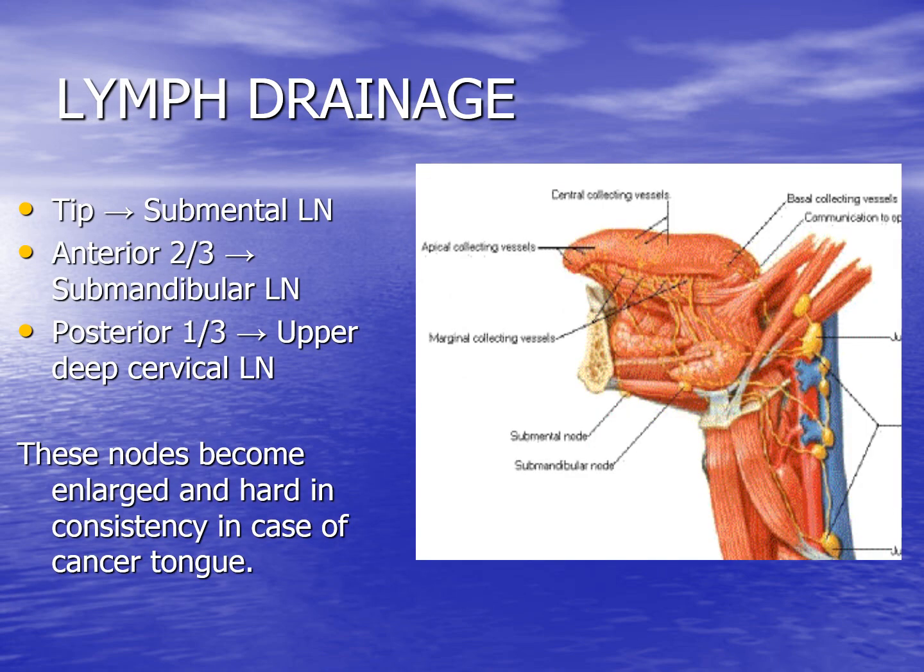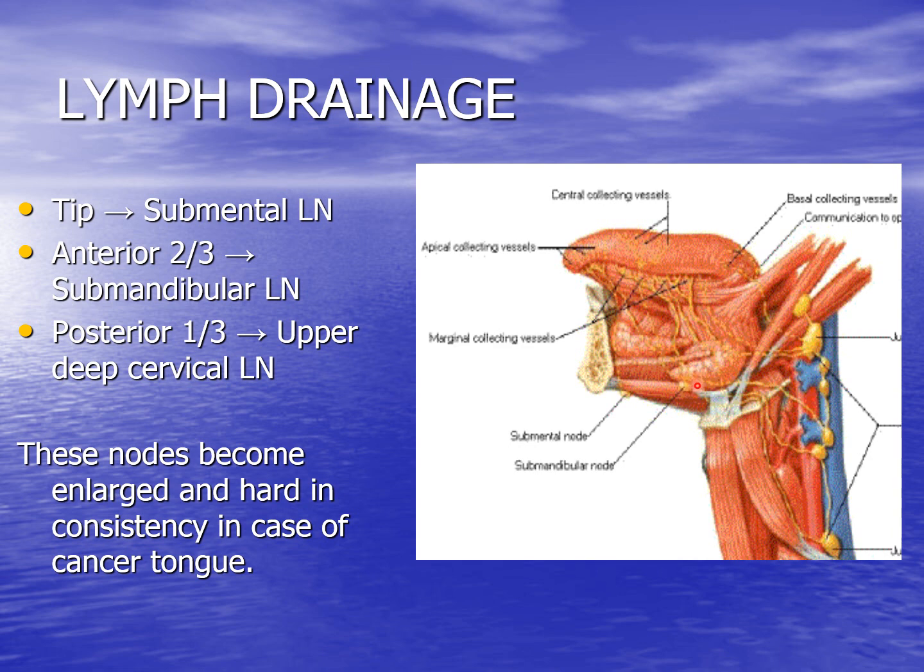What about the lymphatic drainage of the tongue? If you look at the tip of the tongue, all the lymph drains into lymph nodes at the submental region. These are called submental lymph nodes. The remaining part of the anterior 2/3 drains into submandibular lymph nodes.